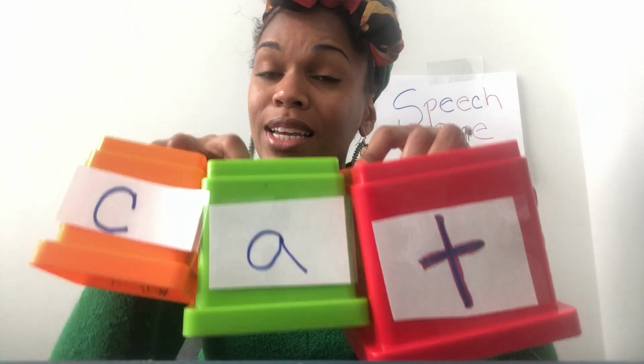Let's speed it up a little bit so that we can make sure that we're saying the word, but we're adding the T to the end and putting it all together. Here we go. Cat. Let's try it again. Cat. Ready? One more time.